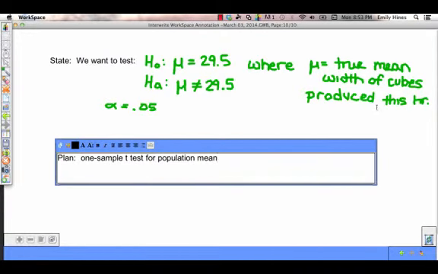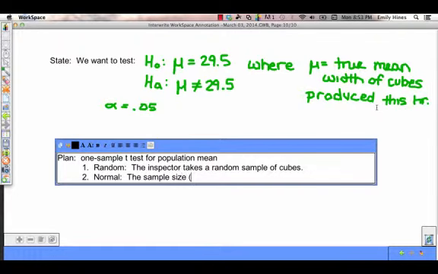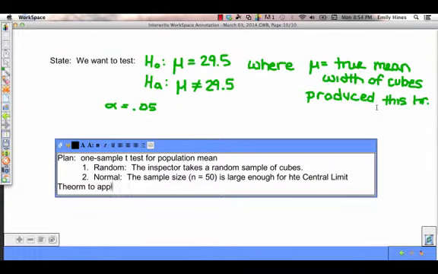So like if you were doing this for a paper and wanted to type it out, we need to check our conditions. Random: the inspector takes a random sample of cubes. Normal: the sample size, which is 50, is large enough for the central limit theorem to apply.